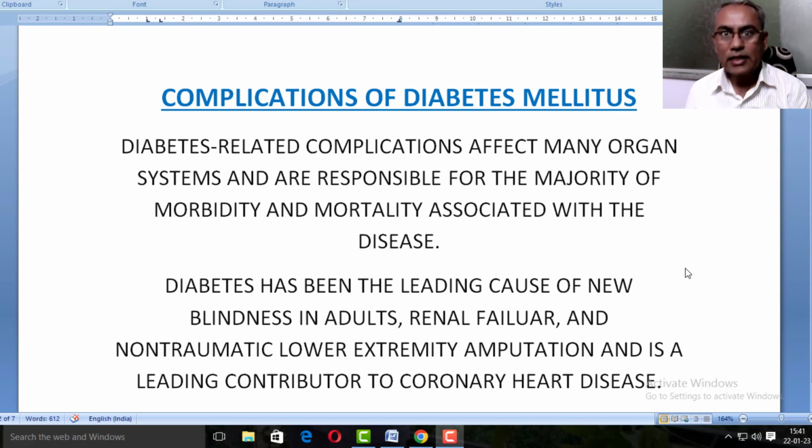Diabetes has been the leading cause of new blindness in young adults, renal failure, and non-traumatic lower extremity amputation, and is a leading contributor to coronary heart disease.